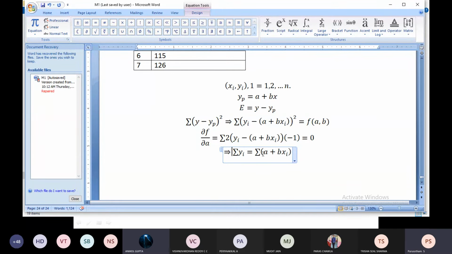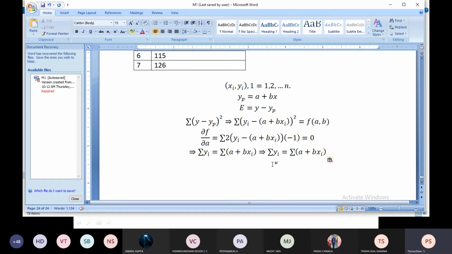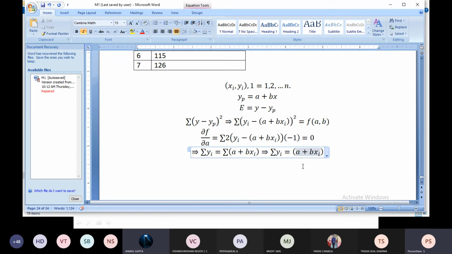Then if the sigma is taken inside, this expression can be rewritten as sigma yi equals n times a plus b times sigma xi.